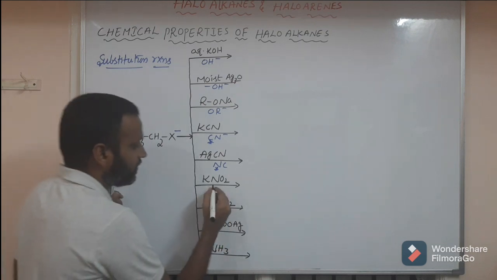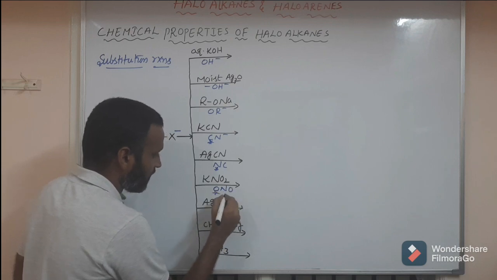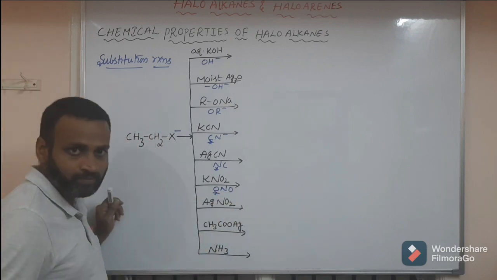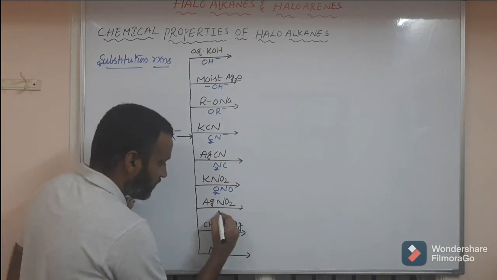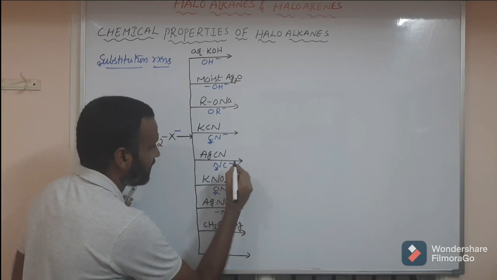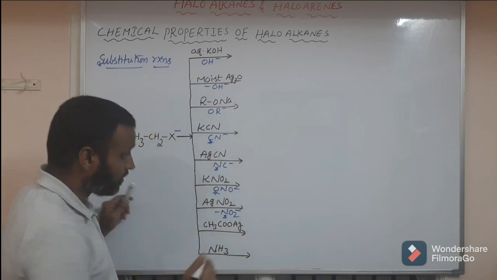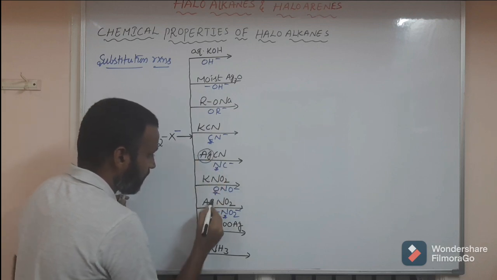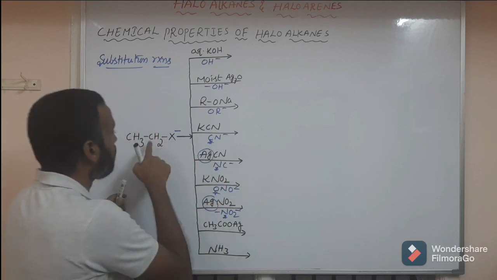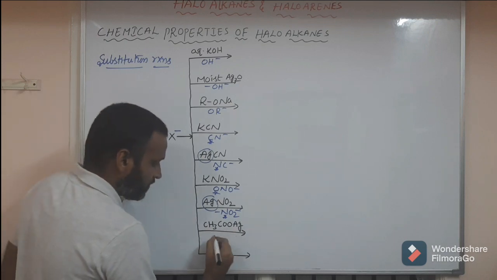Here it is ONO actually. What I am marking with a star, that will attach to carbon. So here NO2 actually: NO2 minus, ONO minus, CN minus, NC minus, nitrogen will form a bond. Remember, when you have silver, then nitrogen will form a bond with carbon.